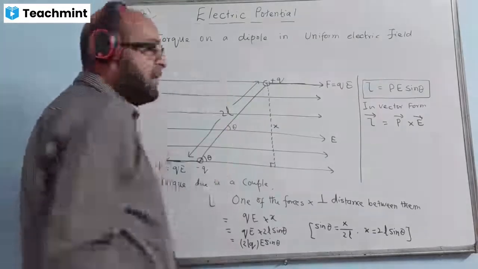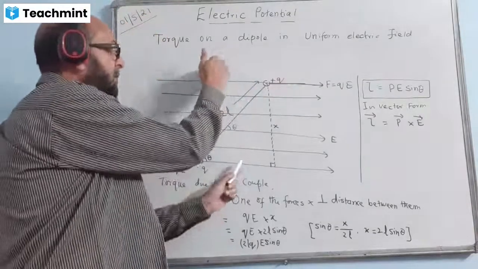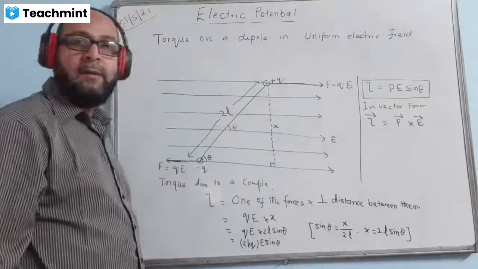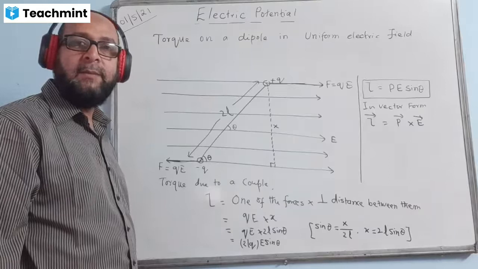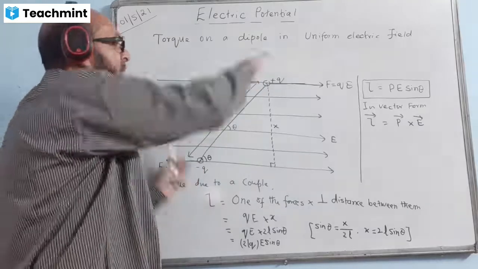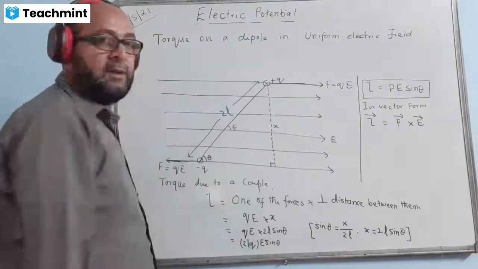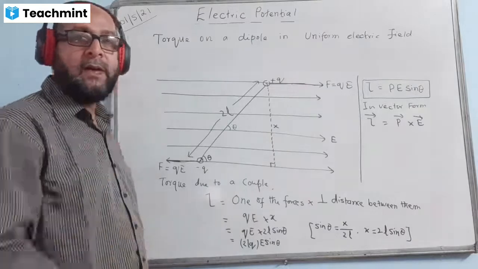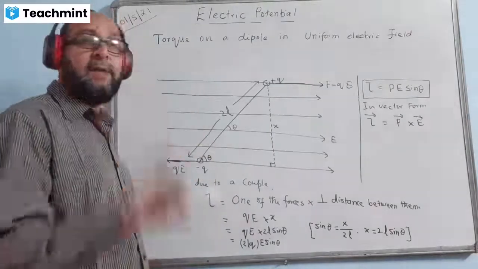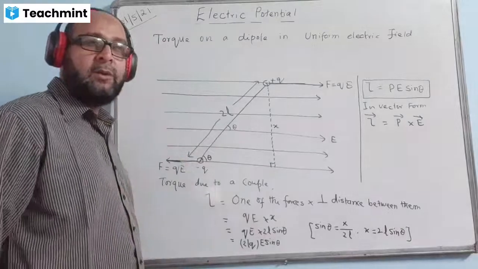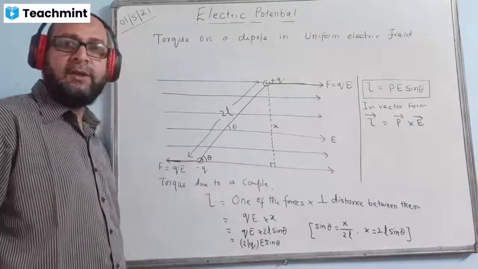This theta angle must be 90 degrees. You have to keep it vertical. That time the torque will be maximum. And when will the torque be minimum and zero? When this one is horizontal, exactly coinciding with this. So you only have to draw the diagram and write down the explanation of the torque. The question was carrying 3 marks. I think this was the question of the year 2015 or 16.